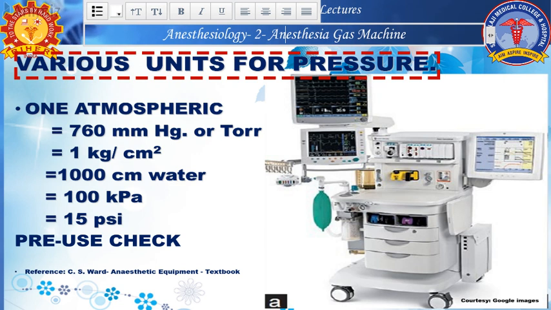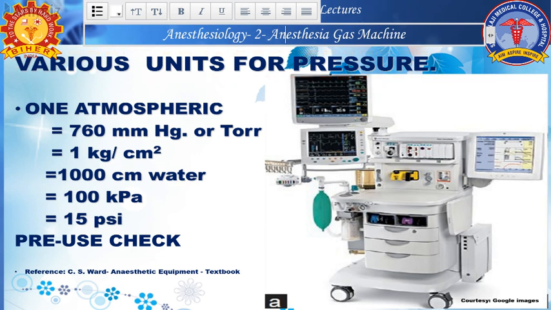Remember, some old machines will still be labelled in kg per centimeter square. For example, 4 kg per centimeter square is equal to 60 psi. So if you don't know these, it's problematic. If you know the psi, how to convert it to kilopascal is also important.